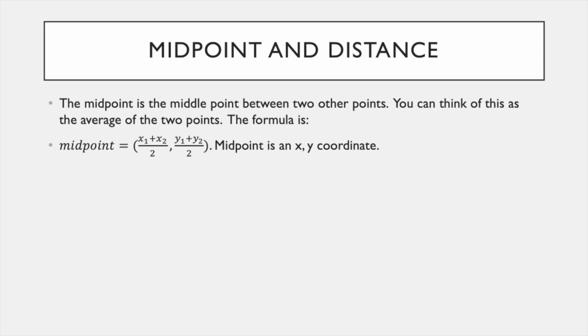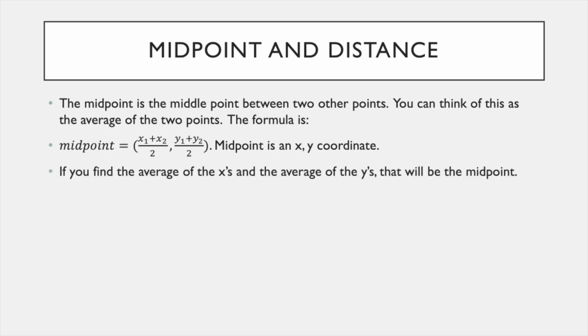So think of that word mid as meaning average. Midpoint is always going to be an xy coordinate. So where slope is a fraction, 1/2, 2/3, 5, midpoint is always going to be something comma something. So -2 comma 1, 0.5 comma -15.5, something like that. So find the average of the x's, average of the y's. Think of that as the midpoint, and it's always going to be an actual coordinate.